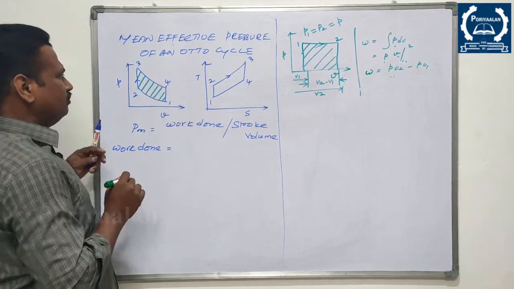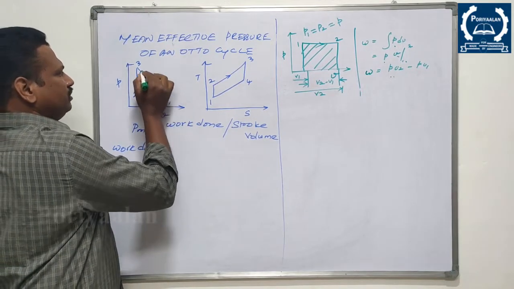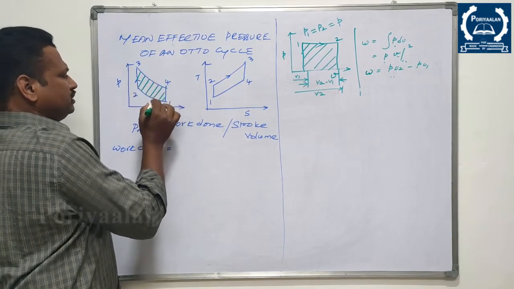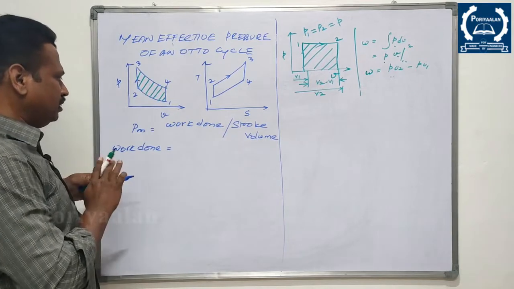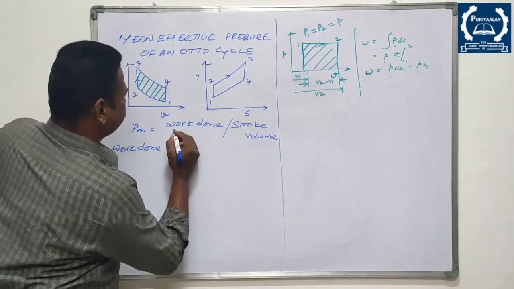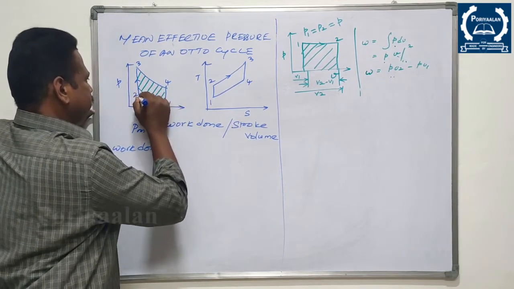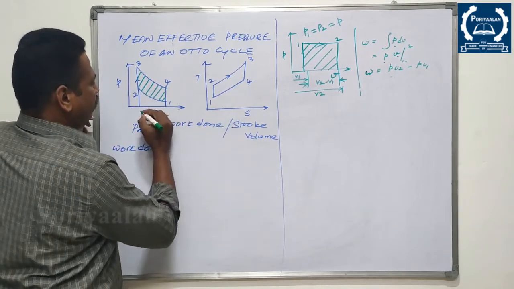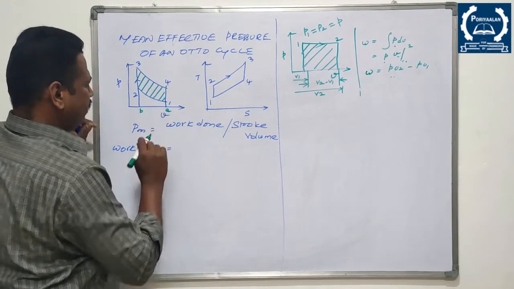What I am going to do now is, I wanted to calculate the work done for the process 3 to 4 isentropic minus work done for the process of 1 to 2 isentropic, right? Say for example, area, so here let it be A comma B, right?